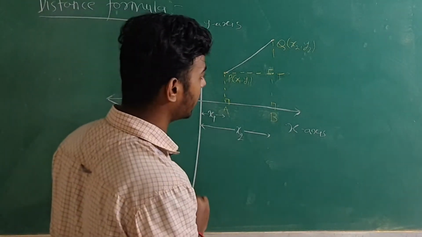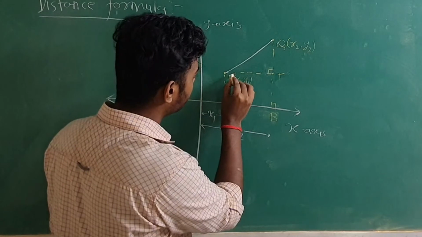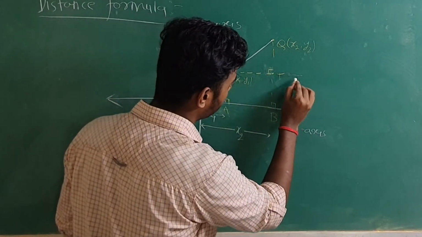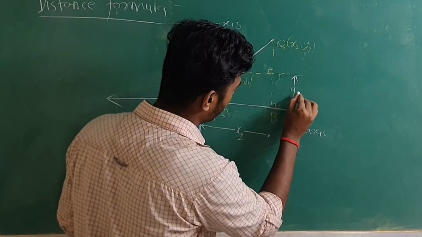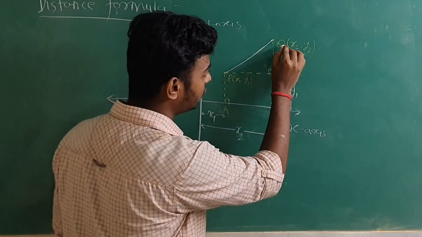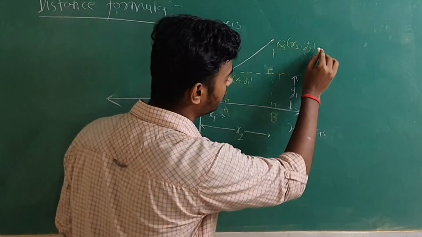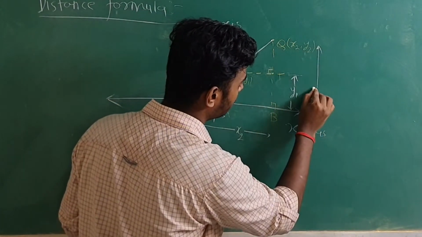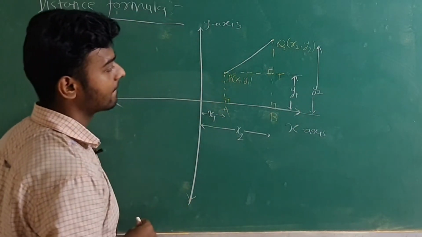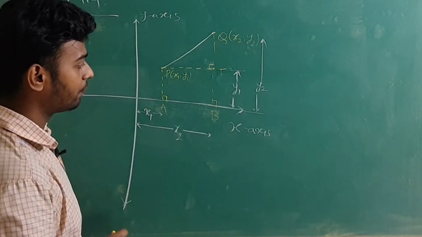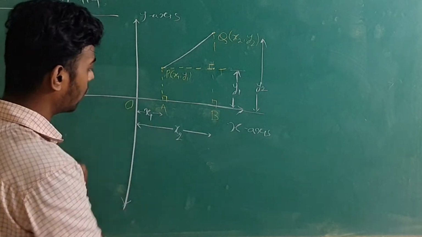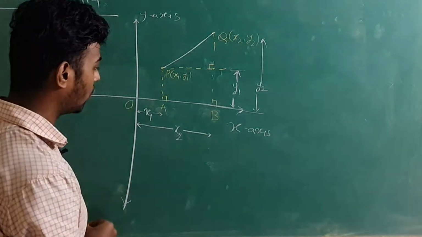And the distance of point P from the x-axis is y1, and the distance of point Q from the x-axis is y2. This point is O, which is the origin.